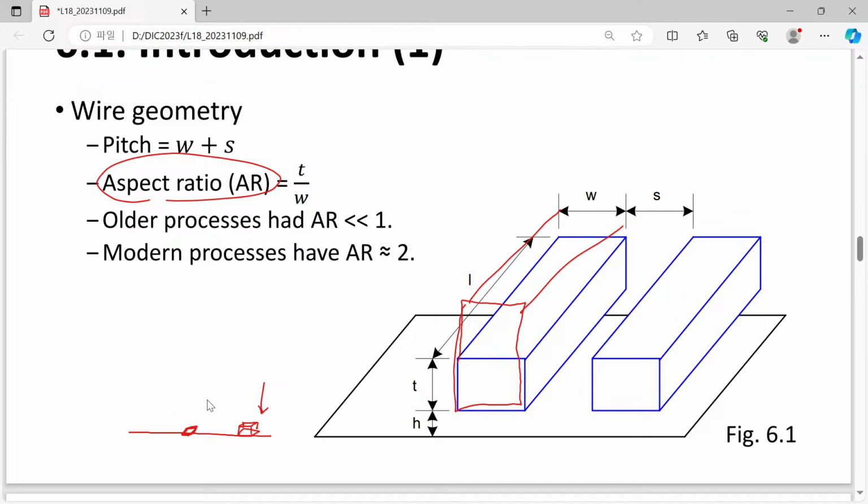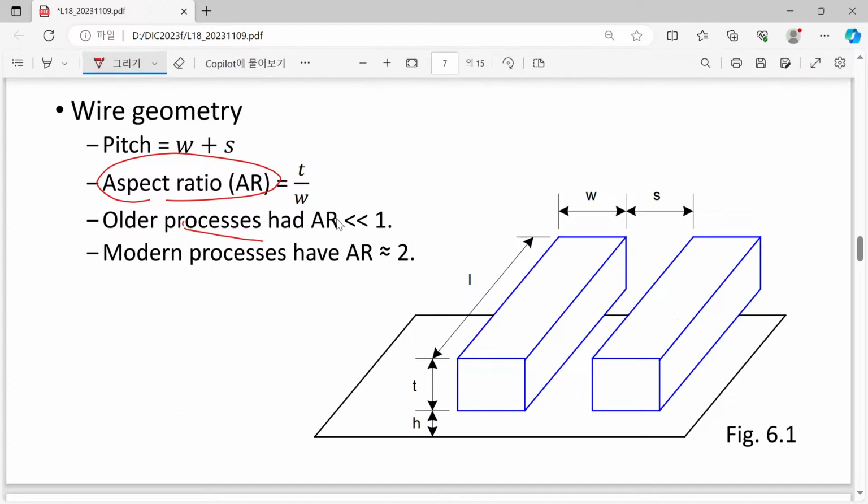The aspect ratio becomes higher and higher, and there is a reason for it. In older processes the aspect ratio was not that high, but nowadays it is becoming larger and larger. Why? I want to tell you the reason.